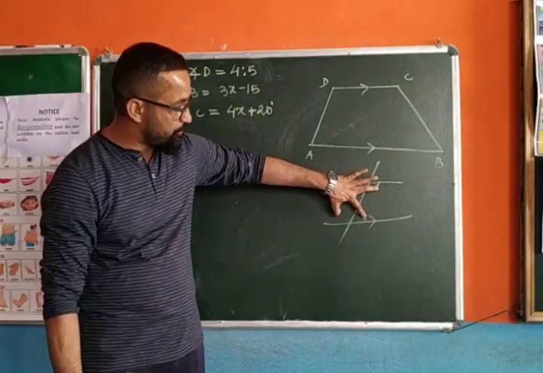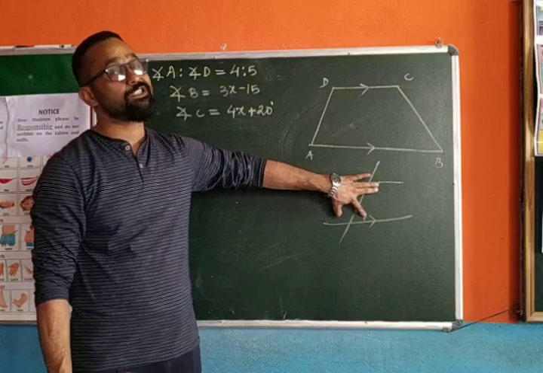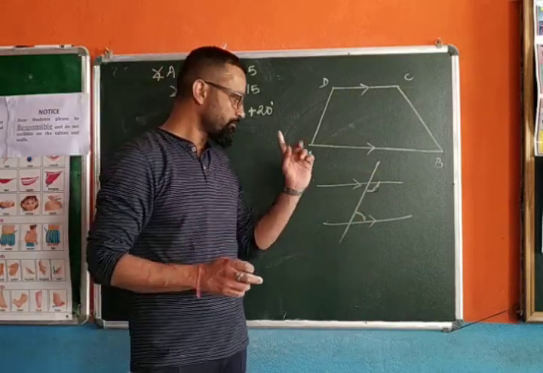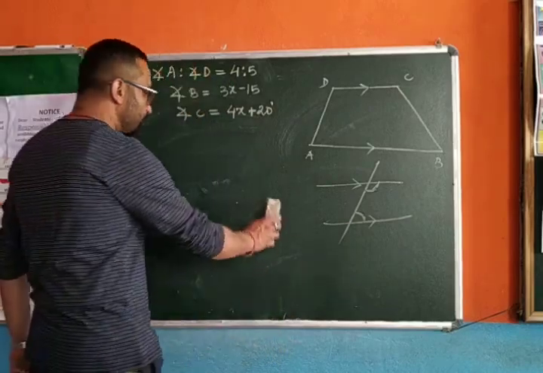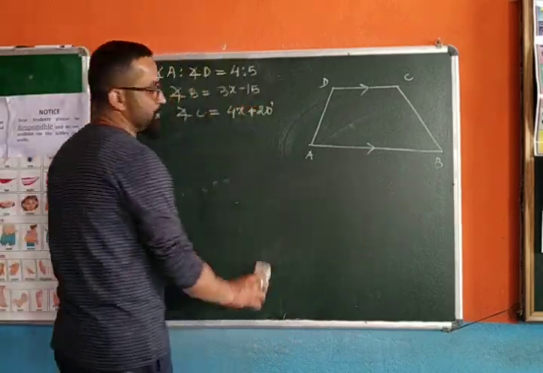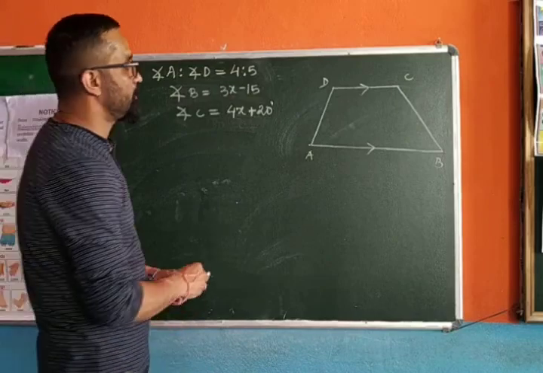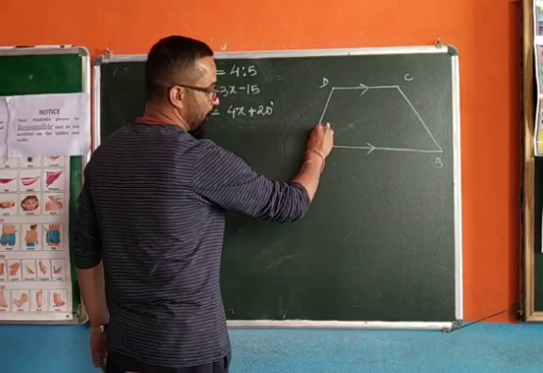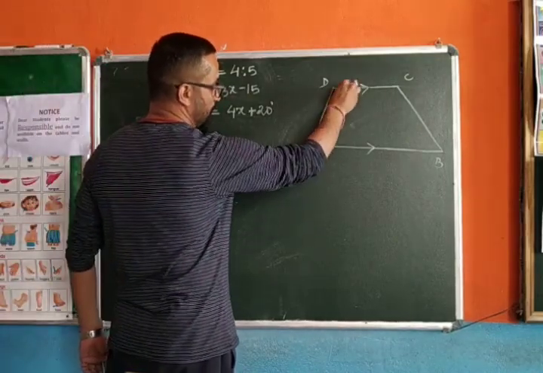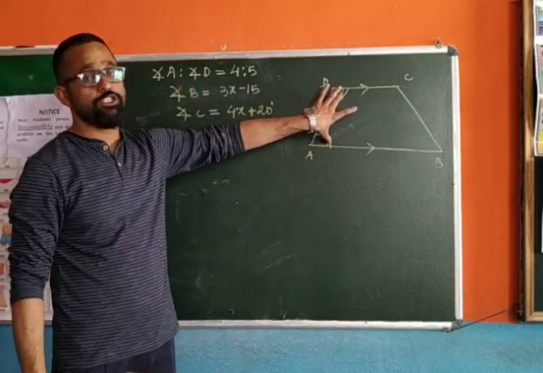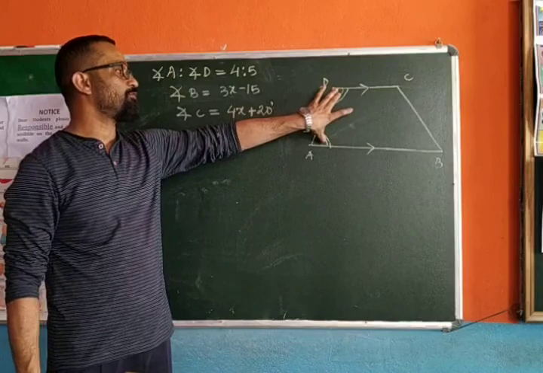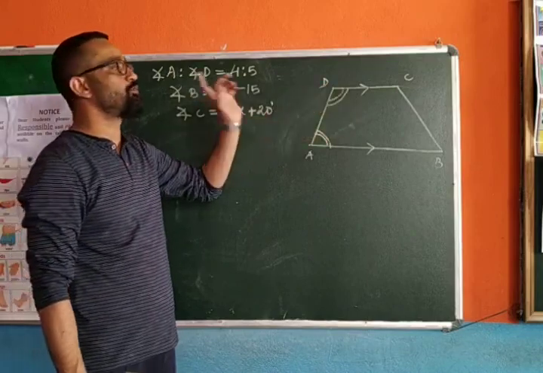An addition of these two co-interior angles is always equal to 180 degree. So we use the property of parallel lines. These two angles, angle A and angle D, are co-interior angles, and sum of two co-interior angles is equal to 180 degree.